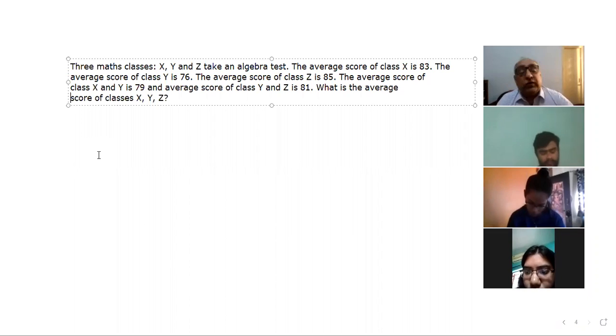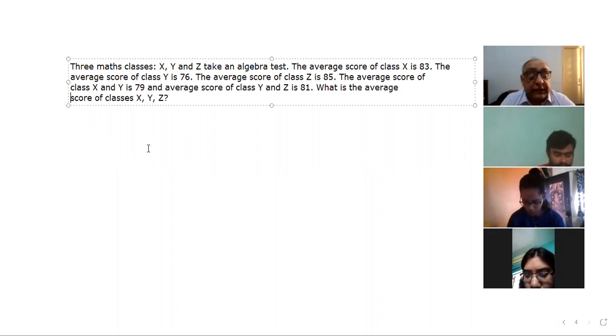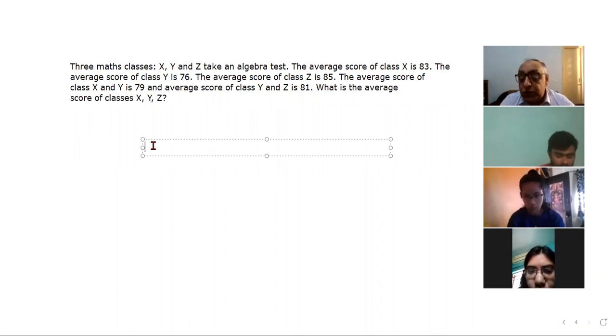So what is given here to us? First of all, let us do the mapping of the question, try to understand the statement, because many of the students commit mistakes only here in understanding. So make it simple: X, Y, and Z, these are the 3 classes.